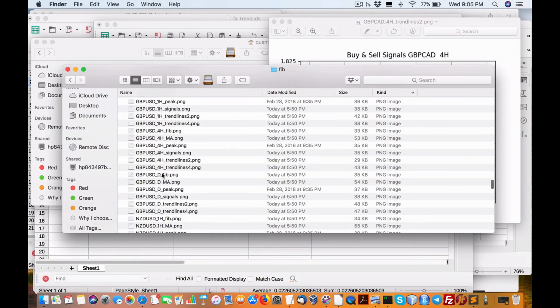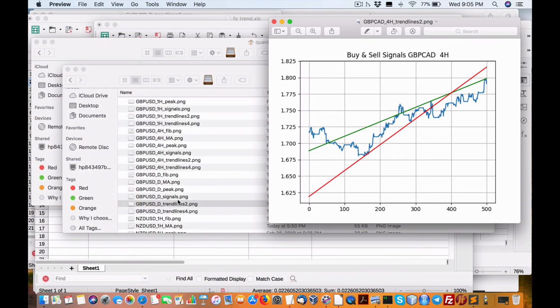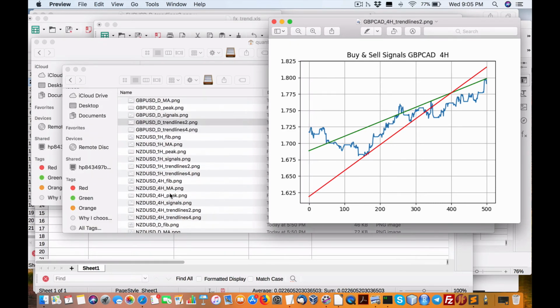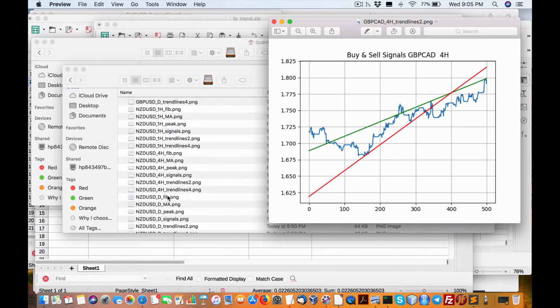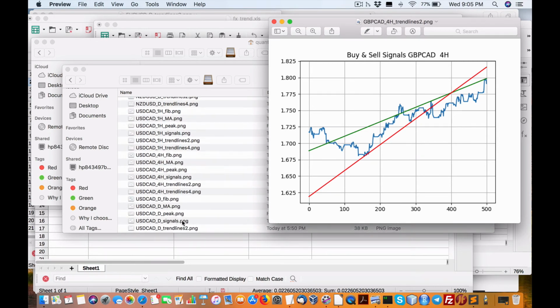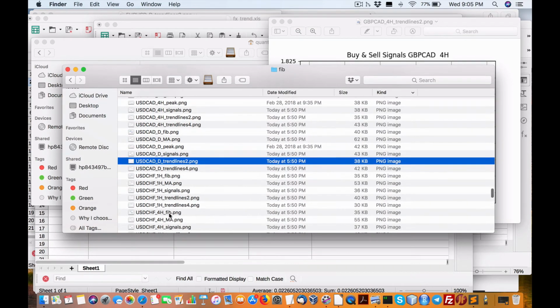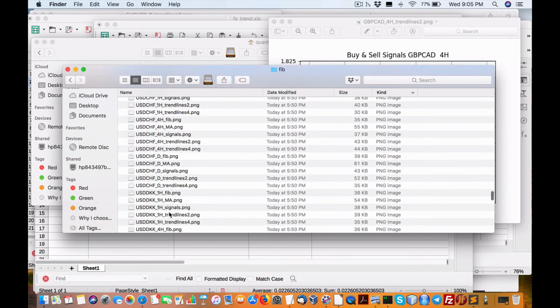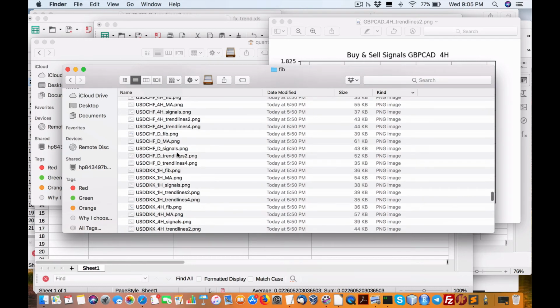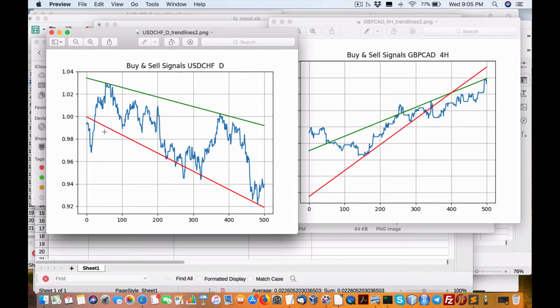So let's say the British pound and the US dollar. Wow. I'm not choosing the right ones. Let's say US Canadian. Maybe that might be a. Oh no, let's do the US Swiss franc. That should be okay. So you can see here it's in decline overall over 500-day moving day.